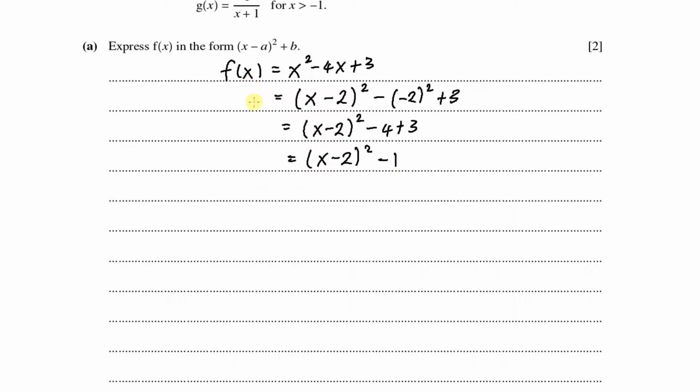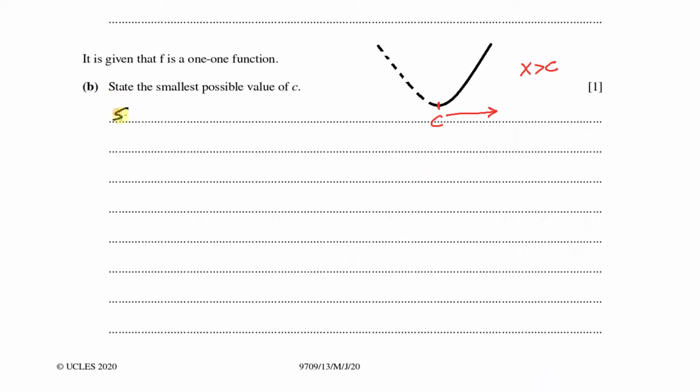So we obtained the function f of x in completed square form as x minus 2 squared minus 1. So since f of x is x minus 2 squared minus 1, then the minimum point we can deduce from here: the x coordinate will be minus of this number, so that's 2, and we take this number here to be the y coordinate.